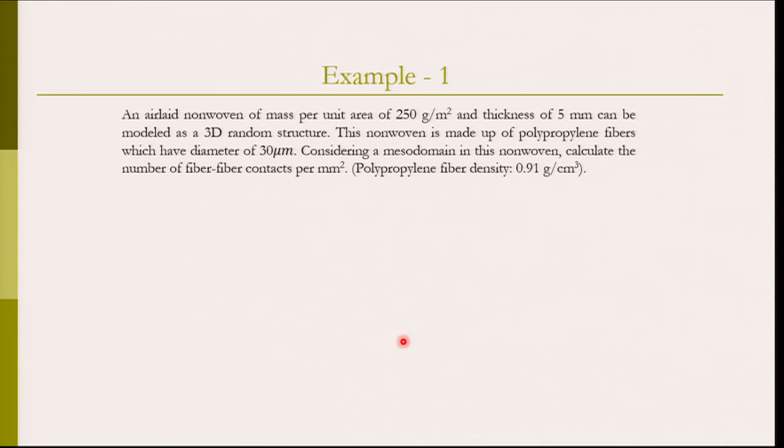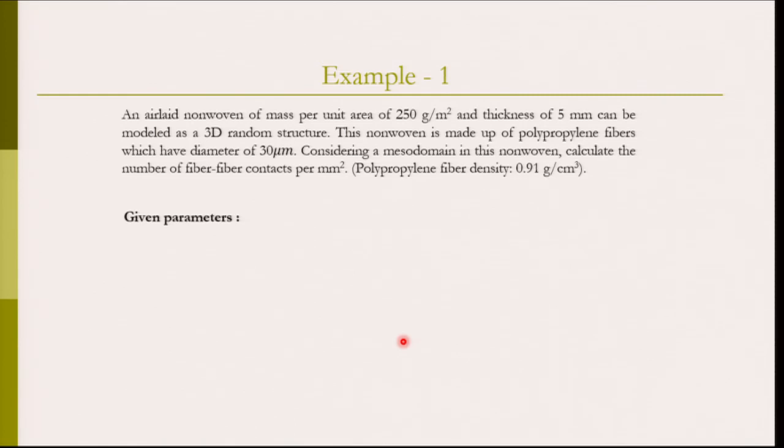This non-woven is made up of polypropylene fibers which have diameter of 30 micron. Now, considering a meso domain in this non-woven, calculate the number of fiber to fiber contacts per millimeter square. We also know the polypropylene fiber density to be 0.91 gram per centimeter cube.